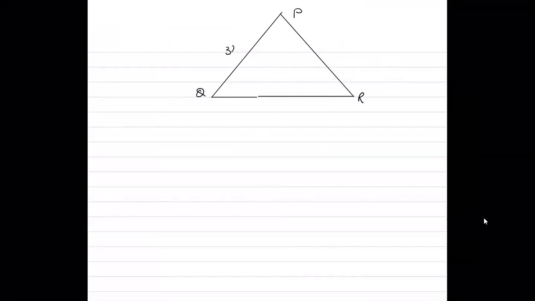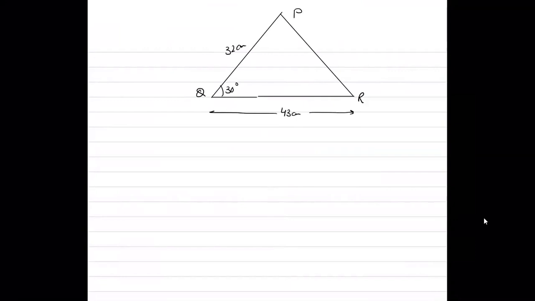So let's solve a question. Let's say I'm giving you a triangle PQR, and the length of PQ is, let's say, 32 centimeters, the angle is 30 degrees, and the length of the entire QR is 43 centimeters.